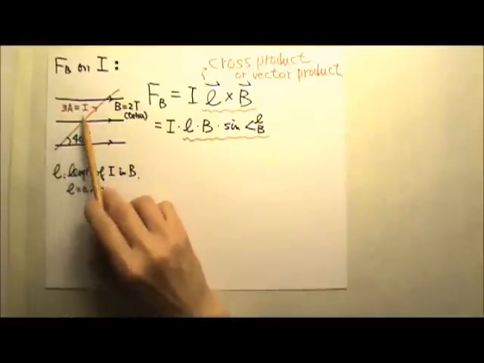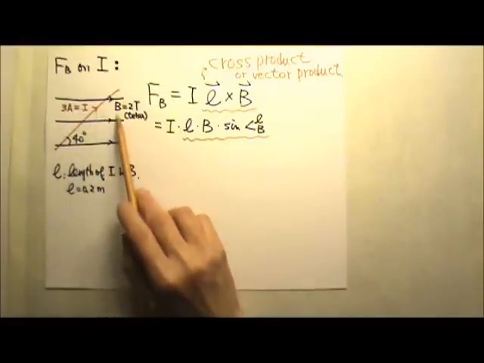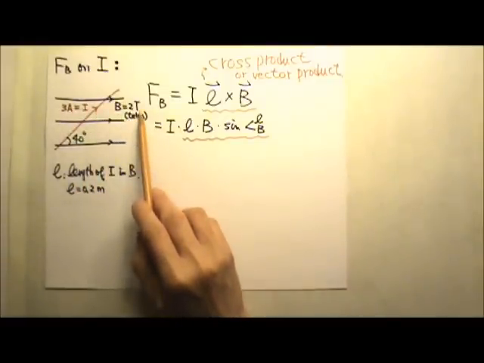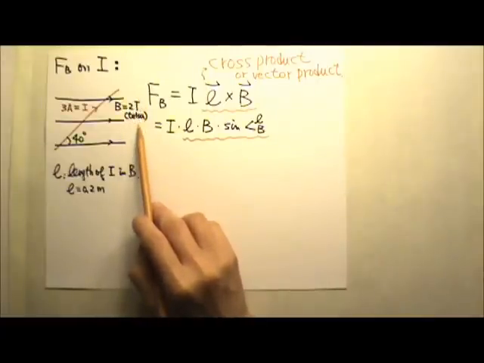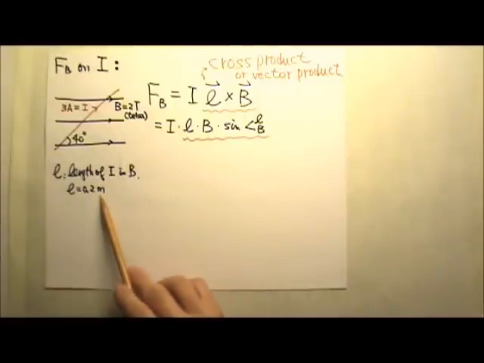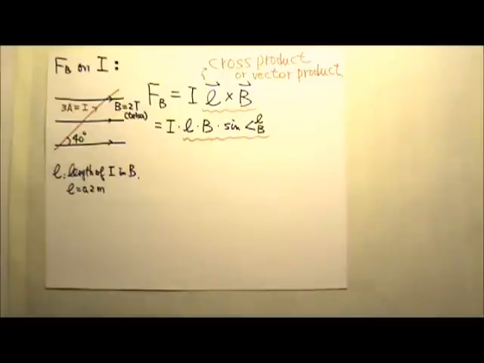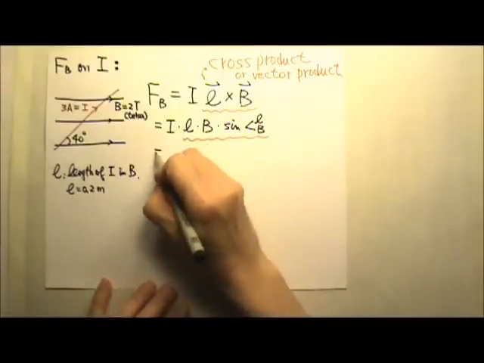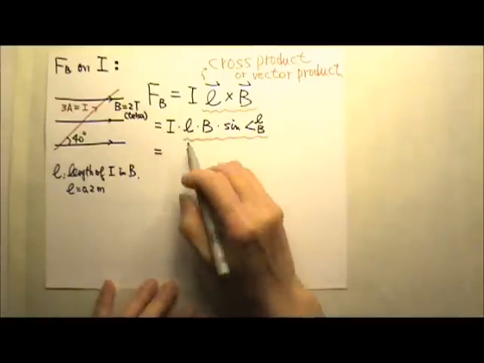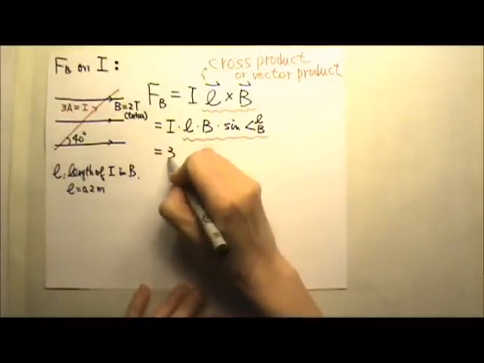Let's say the current is 3 amps. The magnetic field is 2 teslas. This capital T is for Tesla, the standard unit for magnetic field. The length of the current that's inside the magnetic field is 0.2 meters. And the angle right here is 40 degrees. So we can find the magnetic force using this equation. The current is 3 amps.